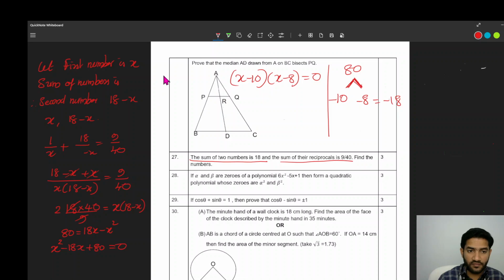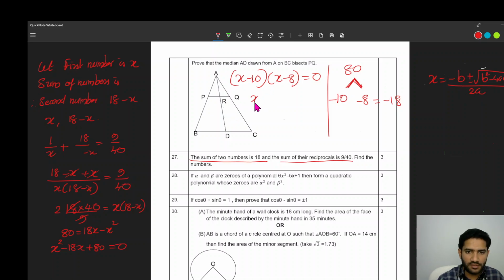Or, if you are confused with this factorization, we can use x equal to minus b plus or minus root of b square minus 4ac, all divided by 2a. You can use this formula for finding the solution of a quadratic equation. Or better, just factorize. If it is not possible, just use the formula for finding the values.